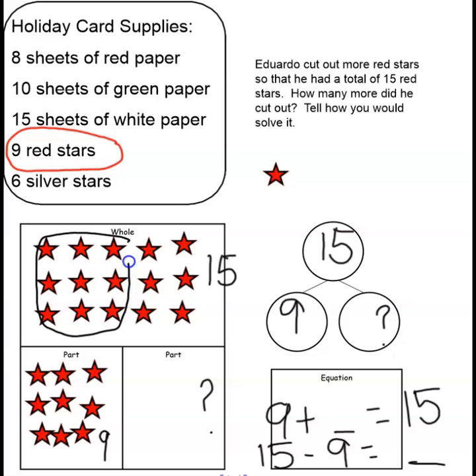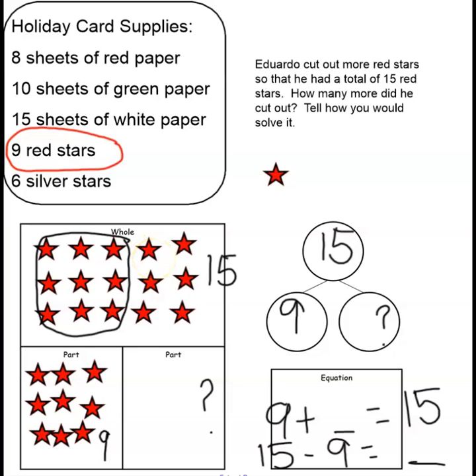How did I know that was 9? 1, 2, 3, 4, 5, 6, 7, 8, 9. That was 3 groups of 3. So if he already had 9, how many more did he have to cut to have 15 total stars?